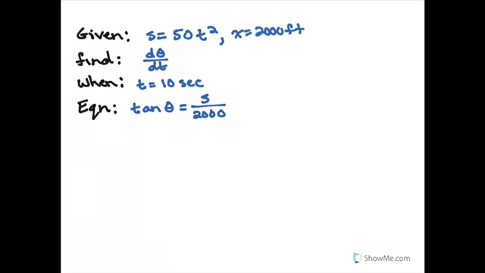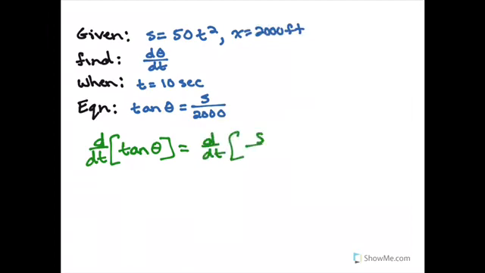All right, so we are going to take the derivative with respect to time of theta, because we're looking for d theta dt. And s is also a function of time, right? It's the altitude of our hot air balloon, and it's given by that equation.